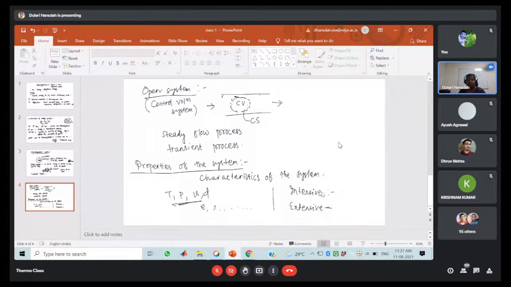Intensive properties are, for example, temperature, pressure, and density. Extensive properties are, for example, specific volume, specific energy, and specific enthalpy.